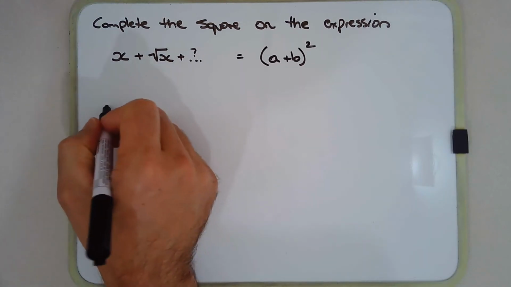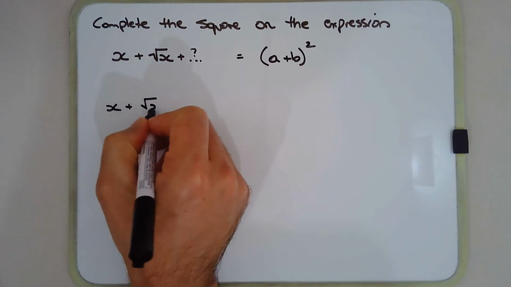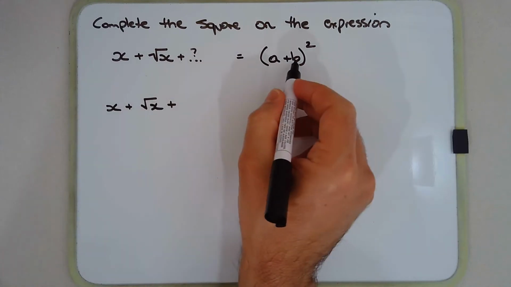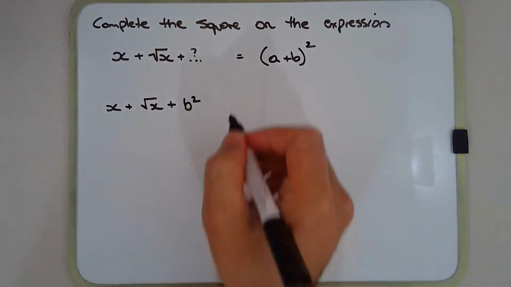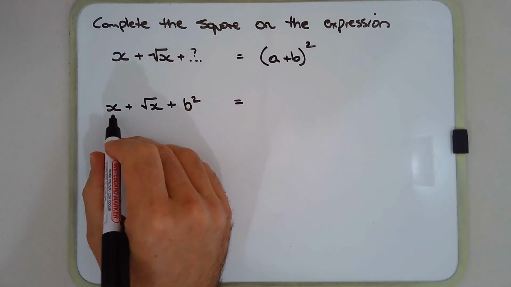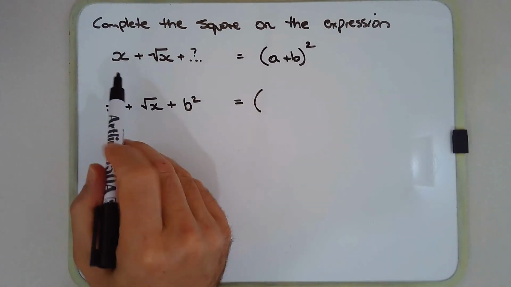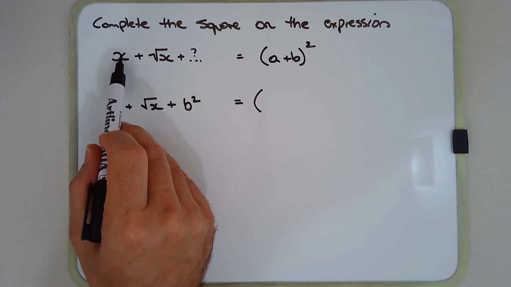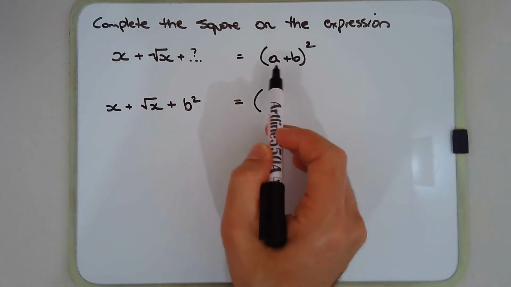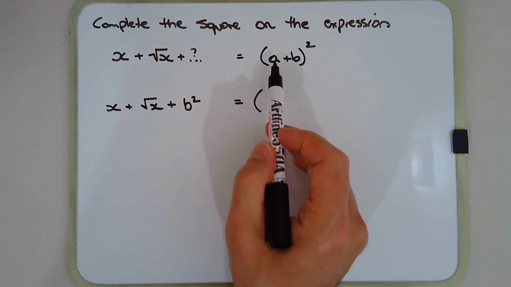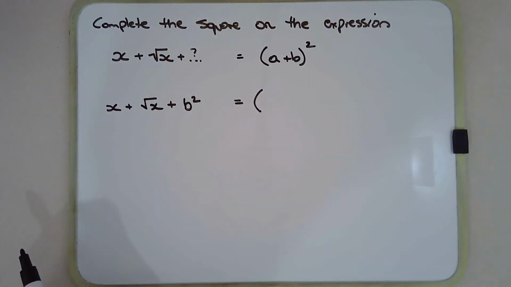So in this case, x plus square root of x plus, now the b, when you square it, is b squared, isn't it? Now the first term is x. So when you factorize that into a perfect square binomial, the a is in fact the square root of the first term, x.